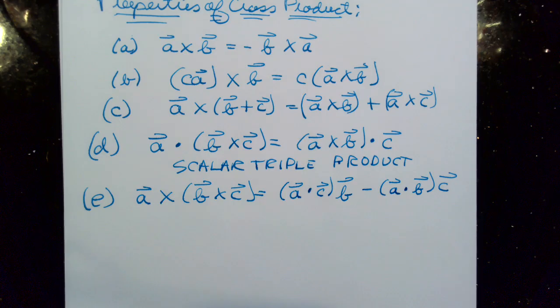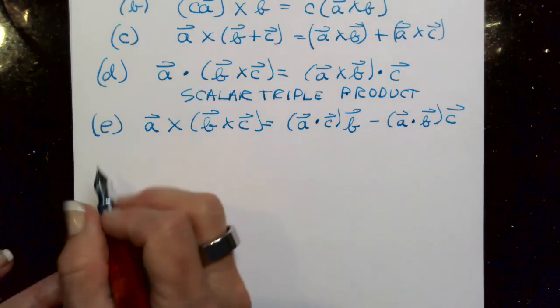And that one's a little tedious to prove. Actually, all of these are a little bit tedious to prove, but it's possible to do so. I'm not going to prove the vector triple product, but let's look at the scalar triple product formula.